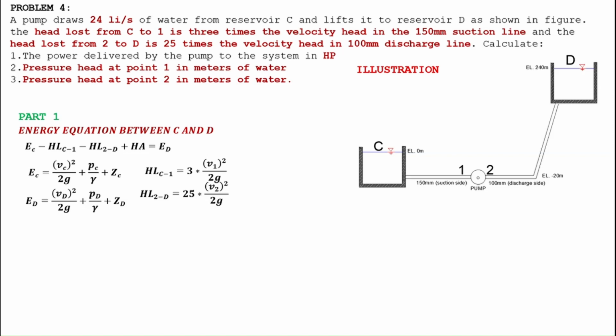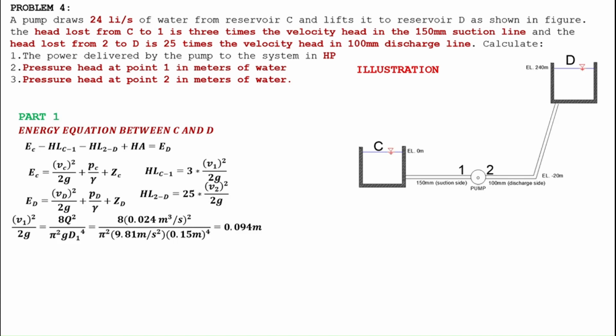For the values of velocity heads, velocity head 1 is equal to V sub 1 squared over 2g, but since we are given the discharge of 24 liters per second or 0.024 cubic meters per second, we can use an alternative derived equation in terms of Q, that is, 8Q squared over pi squared times gravity times diameter raised to 4. Substituting values, we get 8 times 0.024 cubic meters per second squared over pi squared times 9.81 meters per second squared times 0.15 m raised to 4.